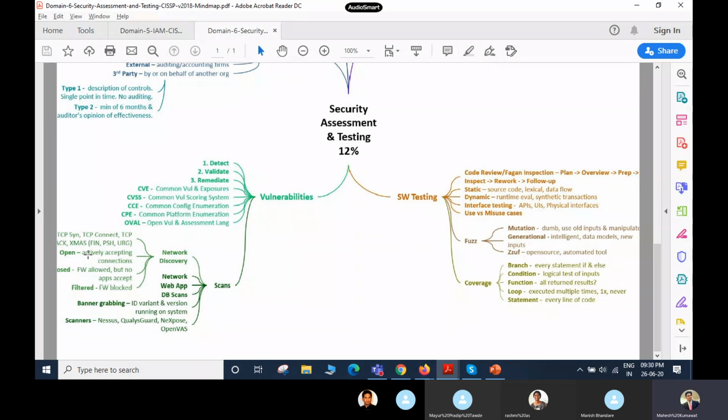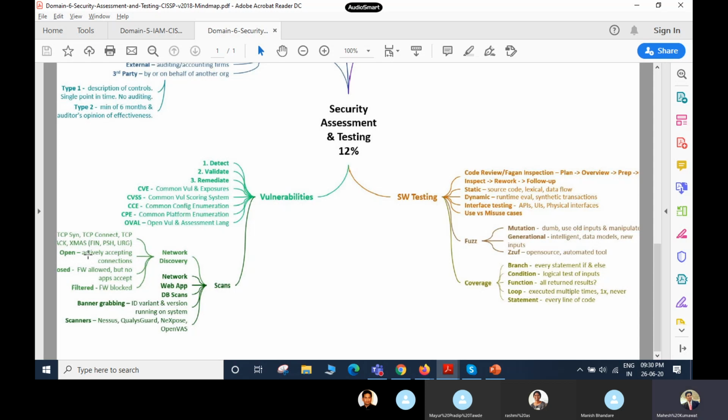This is about vulnerability assessment. We are not talking here about the different tools. Yes, we can use the tools, but what do you know before the tools? Sometimes the company will not provide the tools, then what to do? First of all, we have to detect, second is validate, and third is remediate.